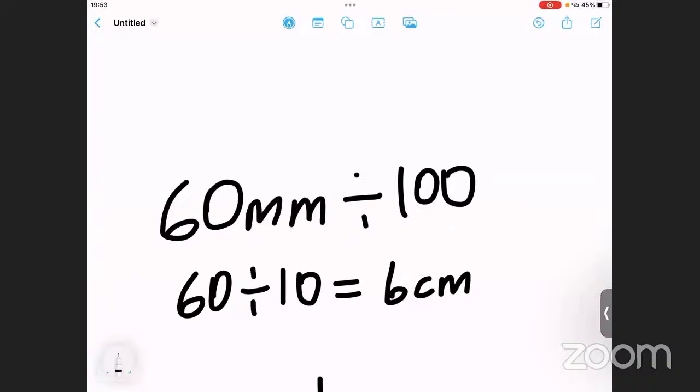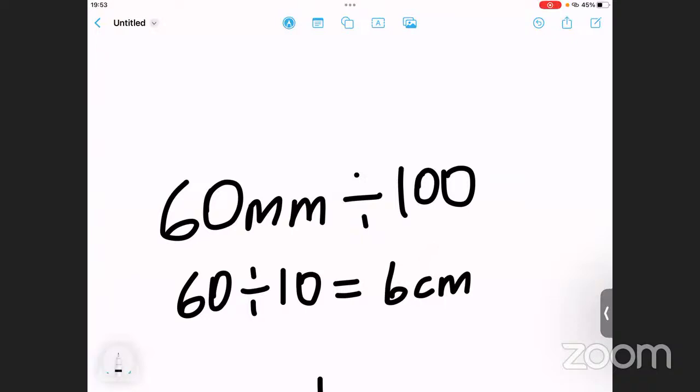Divide by 100. From millimeters to meters by 100.